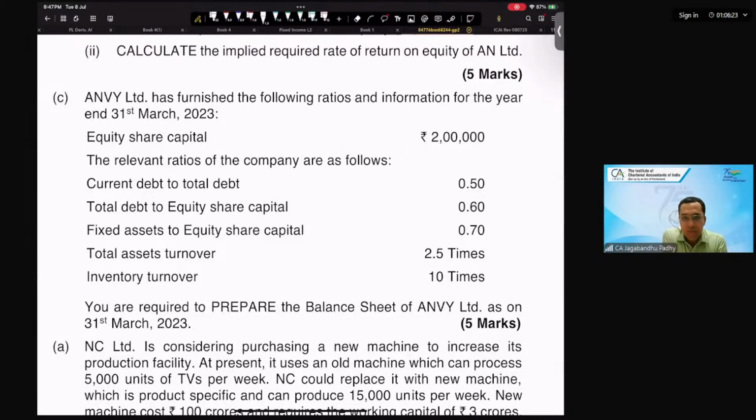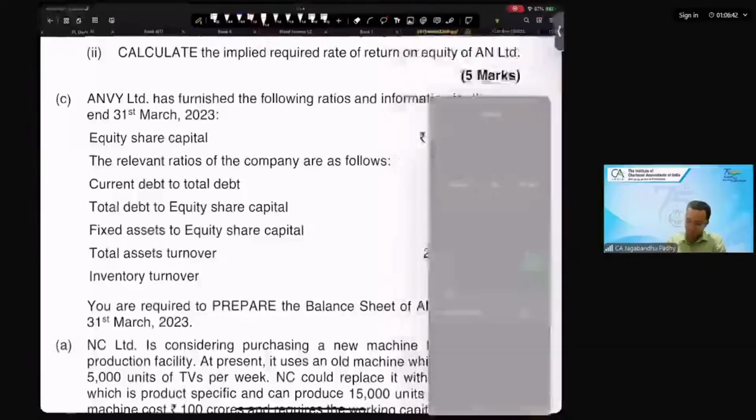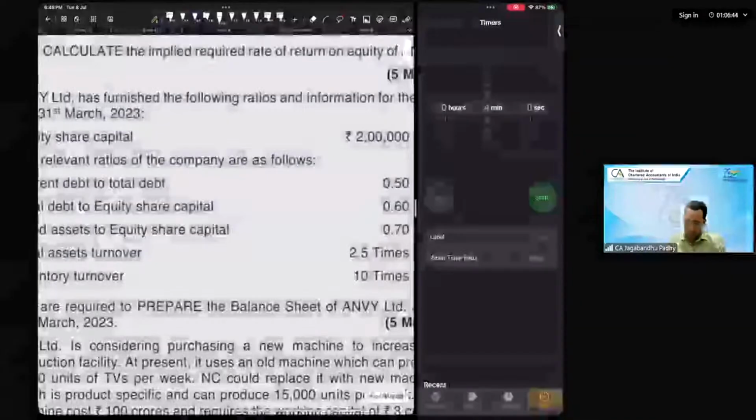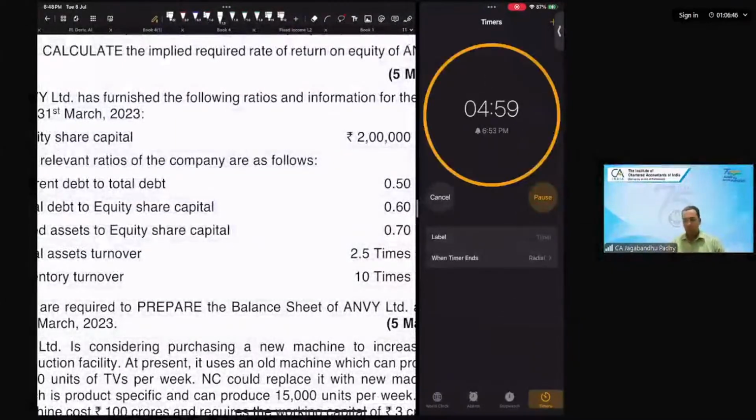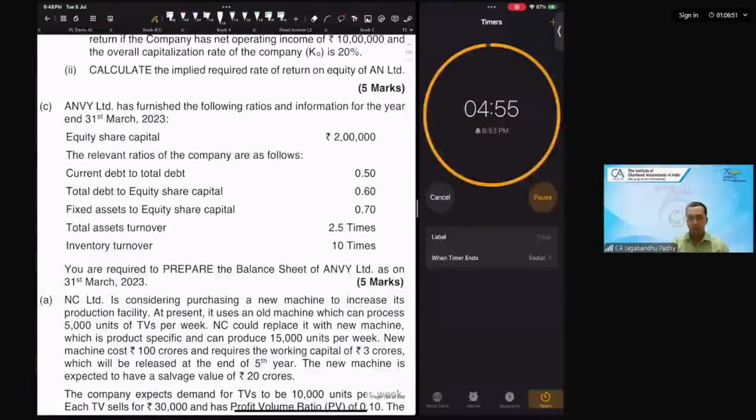Would you like to solve it first, everyone? Just try to solve it in rough and then we can discuss it in final form. So I'll just place the timer again. I'm giving you, let's say, 5 minutes. Get started with it, guys.